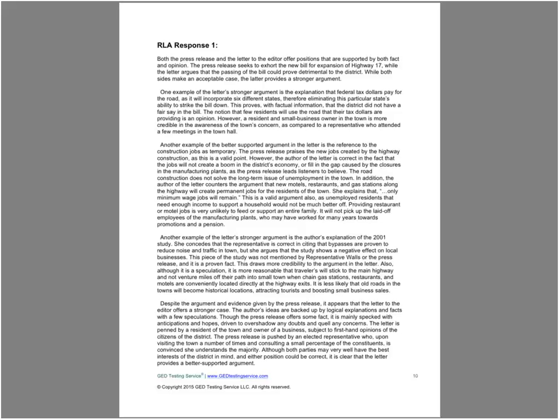So, Susan, in this first paragraph, where did you find the claim? Well, it is in that first paragraph, and it is the last sentence of that paragraph. The student has given a little bit of an intro, which is what we would expect, and then has said, "While both sides make an acceptable case, the latter provides a stronger argument."